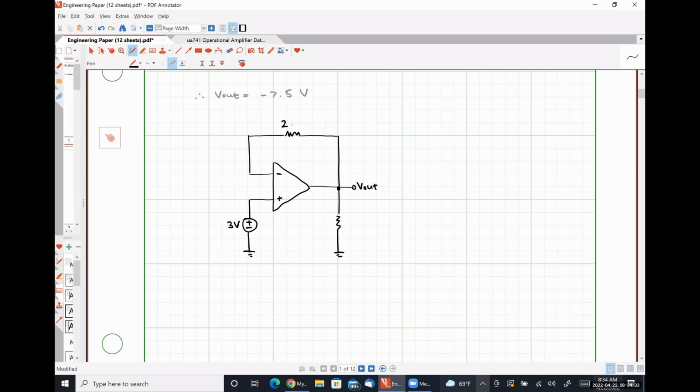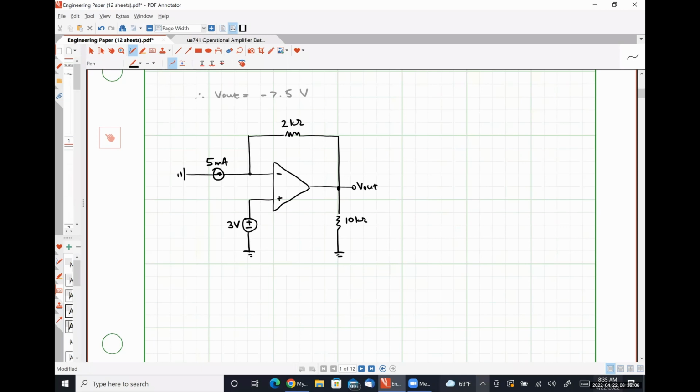Let's make this a 2 kilo ohm resistor. This guy a 10 kilo ohm resistor. This guy a 5 milliamp source, like so. And we're going to follow those exact same 3 steps.